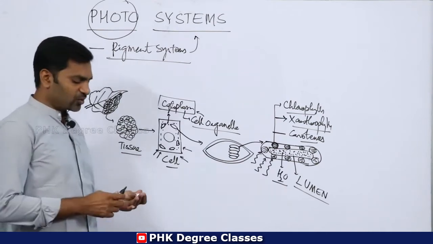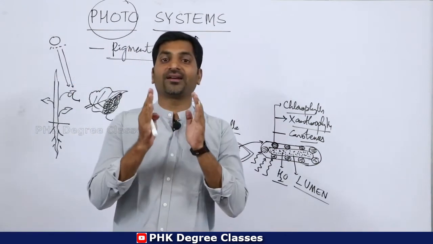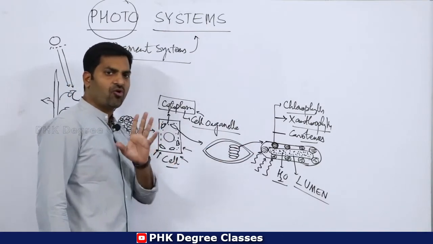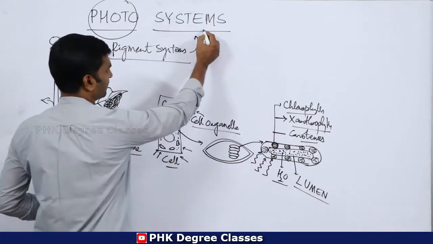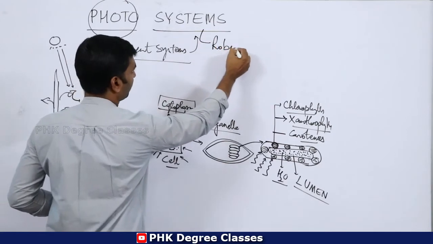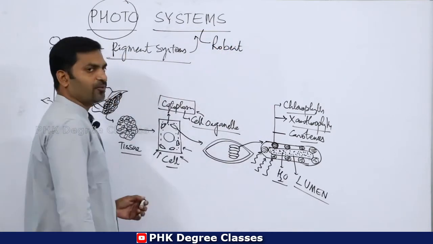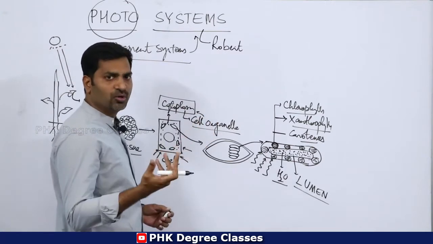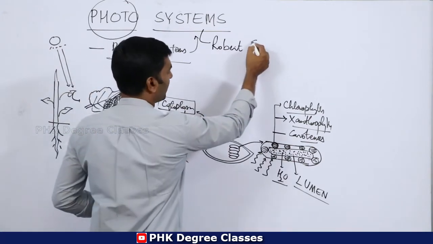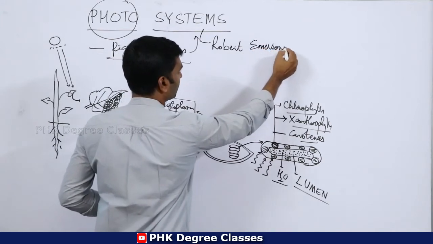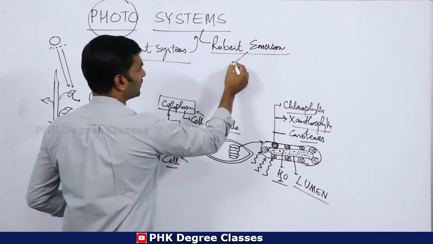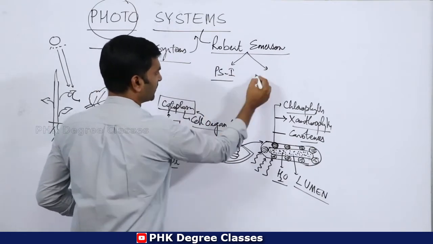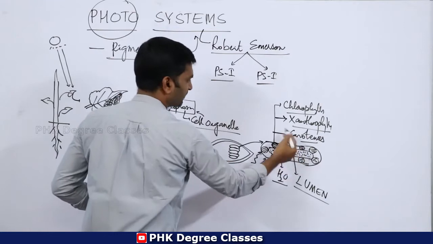So this is an alternative name for photosystems. Now we are going to see the clear-cut differentiation of these two photosystems. In the earlier class we discussed the red drop mechanism. The red drop mechanism was given by whom? Robert Emerson. Robert Emerson identified two kinds of systems, or photosystems, in the thylakoid membranes.